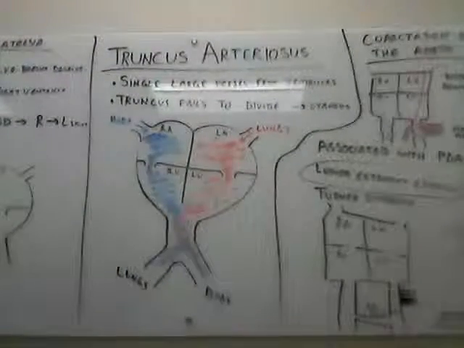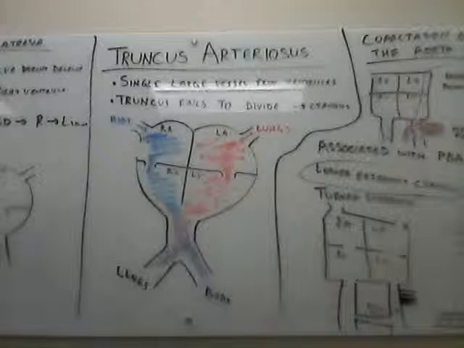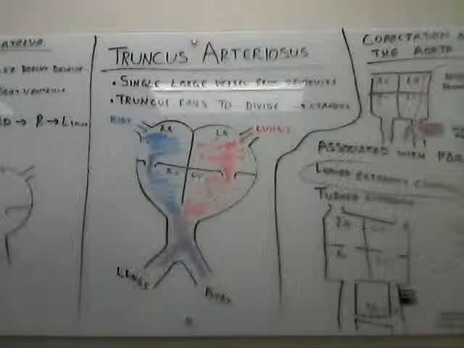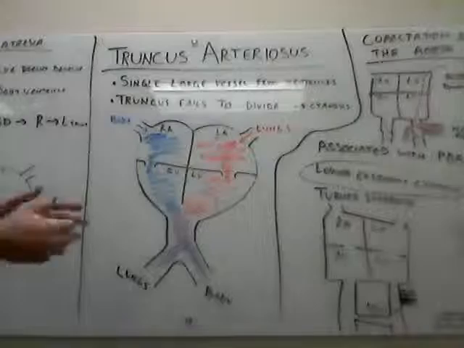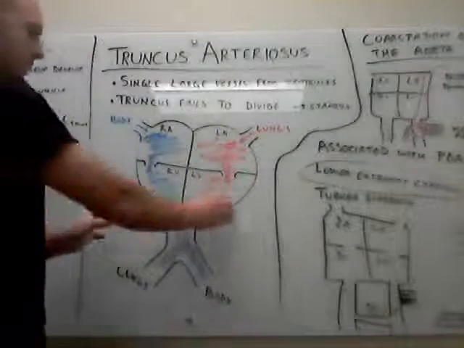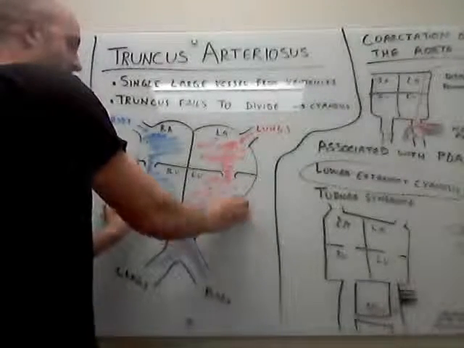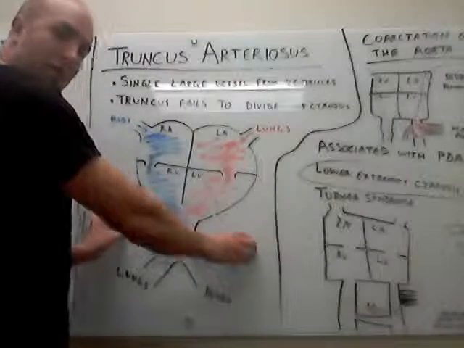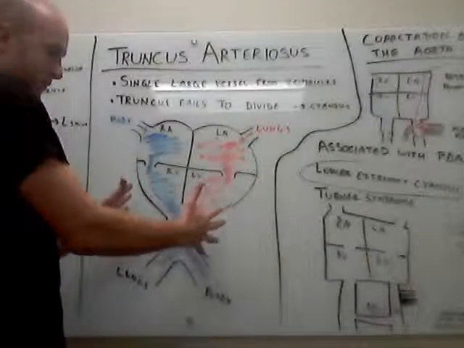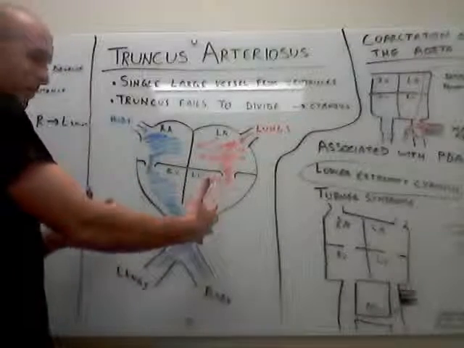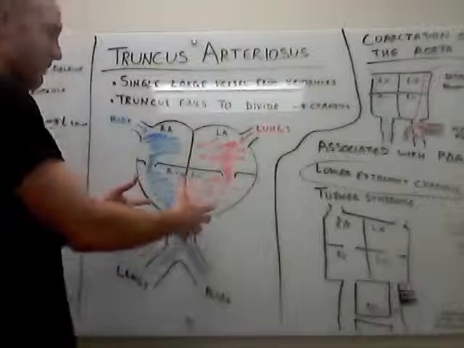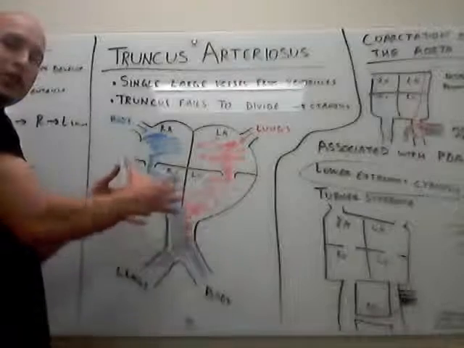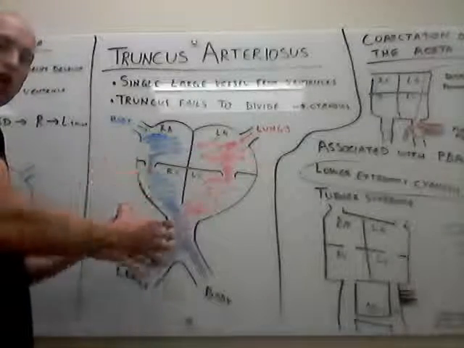Now we're going to move on to the Truncus Arteriosus, where normally you've got a blood vessel coming off here, and the aorta coming off here, and the pulmonary trunk coming off here. But in this case, they failed to divide properly. And so what you have is one giant Truncus Arteriosus.